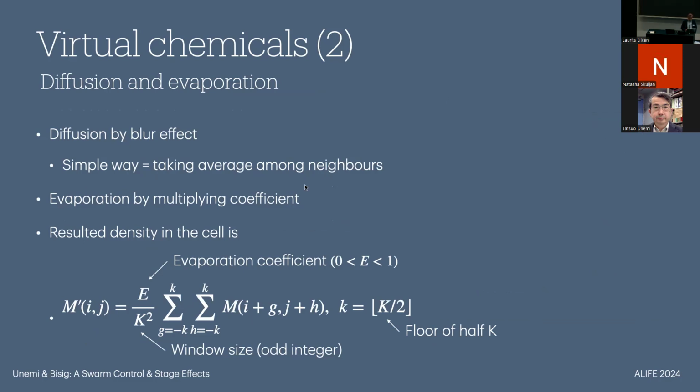We employed two different types of virtual chemicals, one is attractant, another one is repellent. And of course, we need to simulate the phenomena of diffusion and evaporation. It's a very easy equation, I think. We just use the Blur effect for diffusion, and evaporation simply multiplies by a coefficient a little bit less than 1.